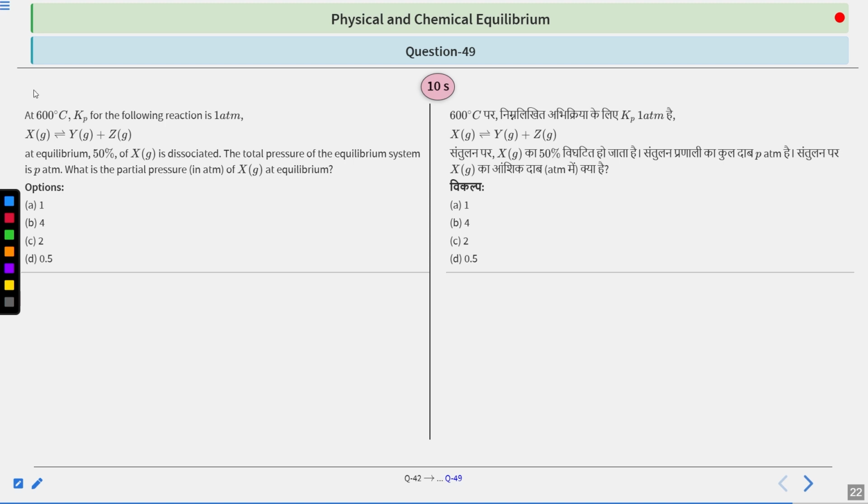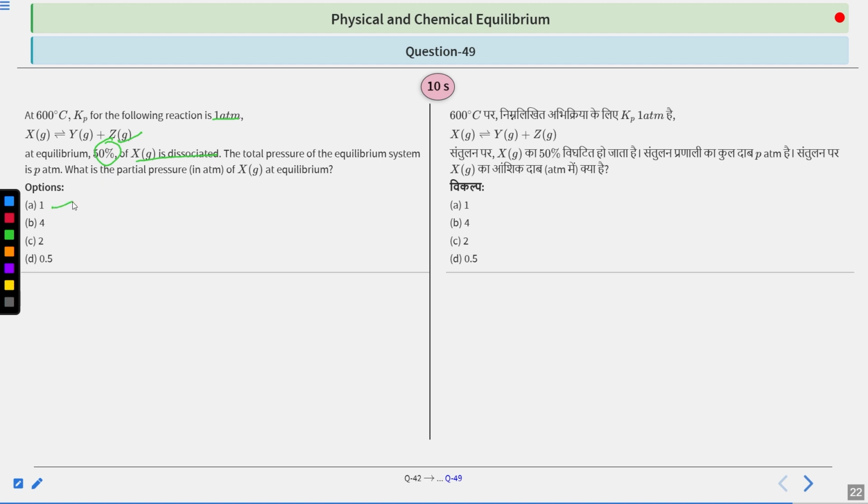Next question. At 600 degrees Celsius, the Kp for the reaction X gaseous giving us Y gaseous and Z gaseous is 1 atm. At equilibrium, 50% of X is dissociated. The total pressure at equilibrium is P atm. What is the pressure in atm for X at equilibrium?